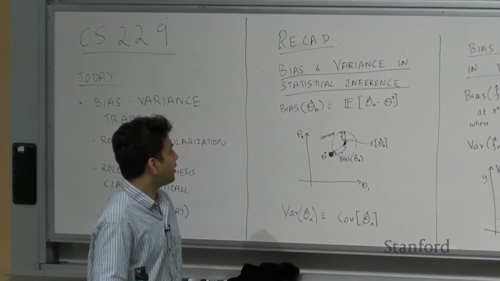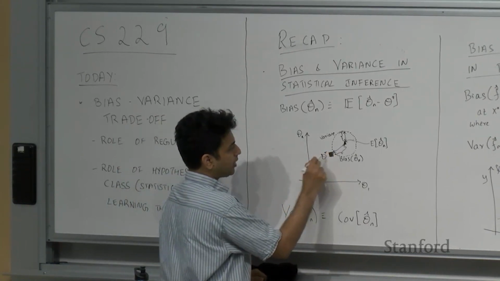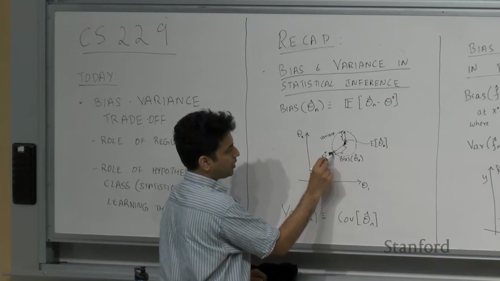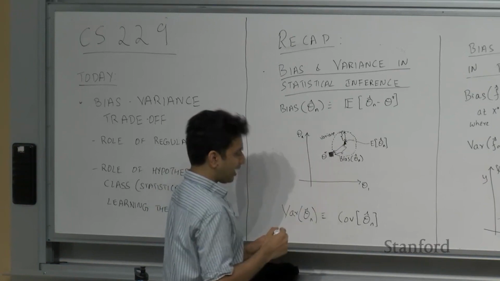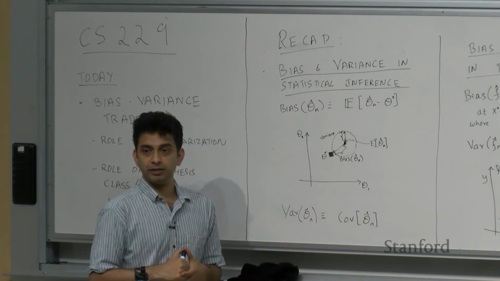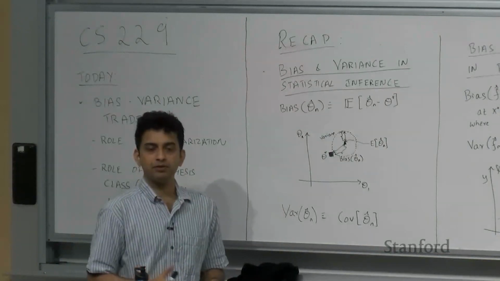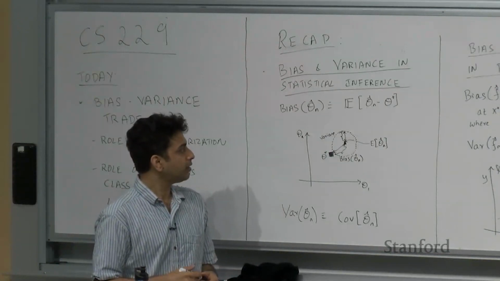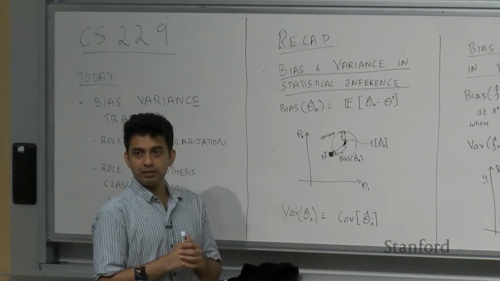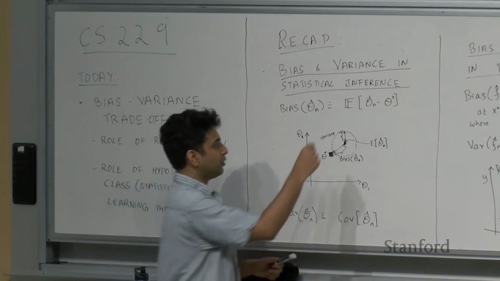Suppose in the parameter space, theta star, indicated by this black square, is the true parameter from which data is being generated in the world. We collect a random sample of size n, run it through our estimator, and get a point estimate for theta, and we plot it.